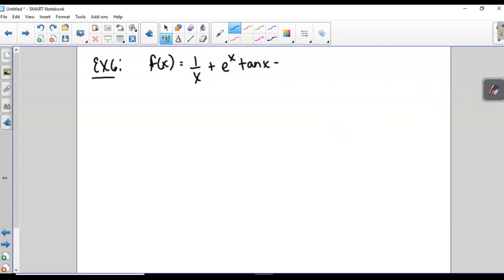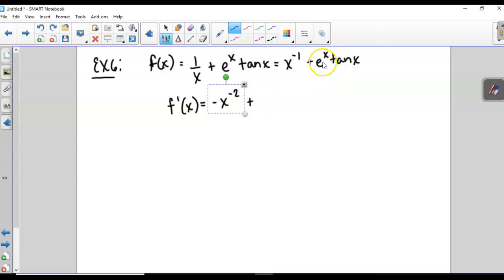Which I would go ahead here and write as x to the negative 1 plus e to the x tangent x, and so the derivative of x to the negative 1 is just going to be negative x to the negative 2.